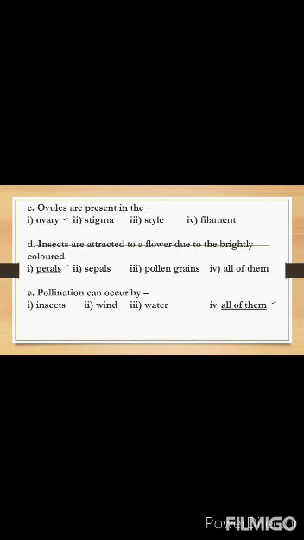Next, C. Ovules are present in the dash. Answer is ovary. D. Insects are attracted to a flower due to the brightly colored dash. Answer is petals. Next, E. Pollination can occur by dash. Answer is all of them.